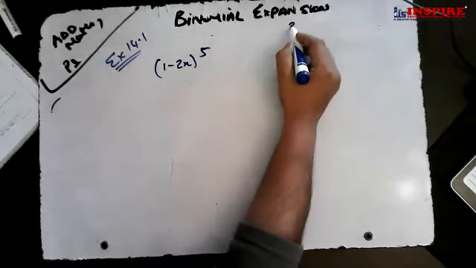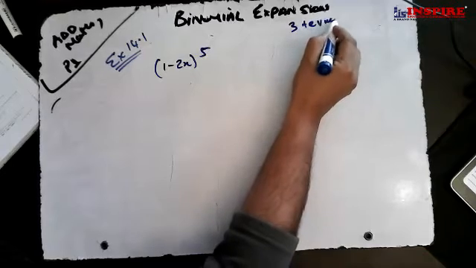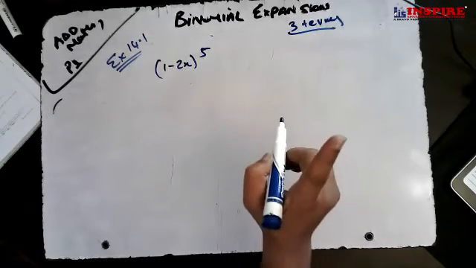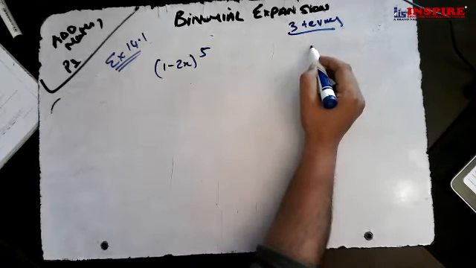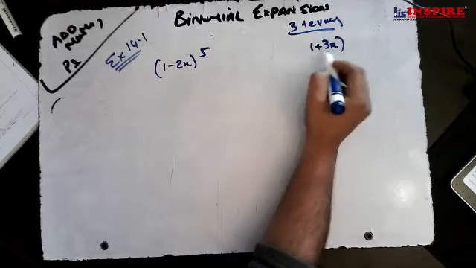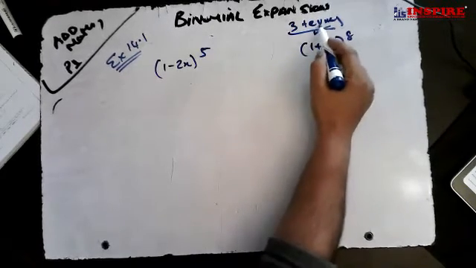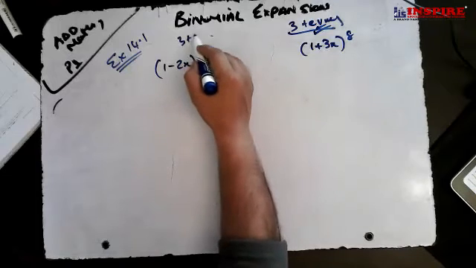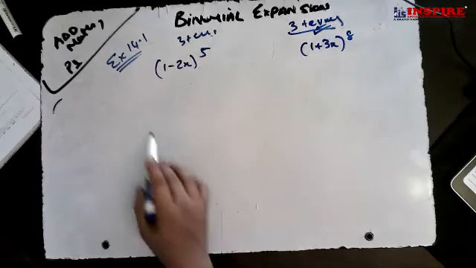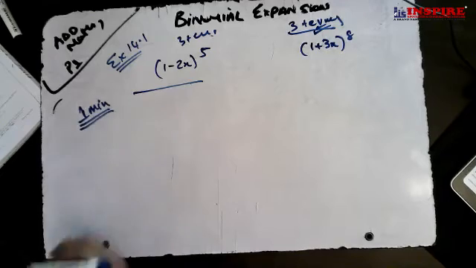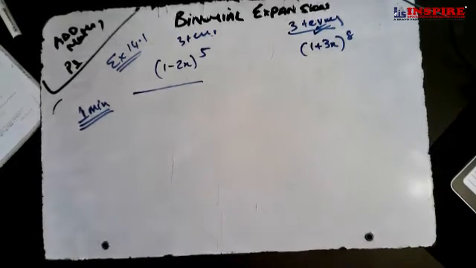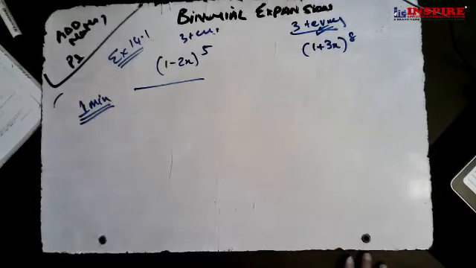I want the first 3 terms. And I also want the expansion of 1 plus 3x to the power of 8. Also the first 3 terms, both cases. You have a minute to win it. 1 minute. Yalla. Live.